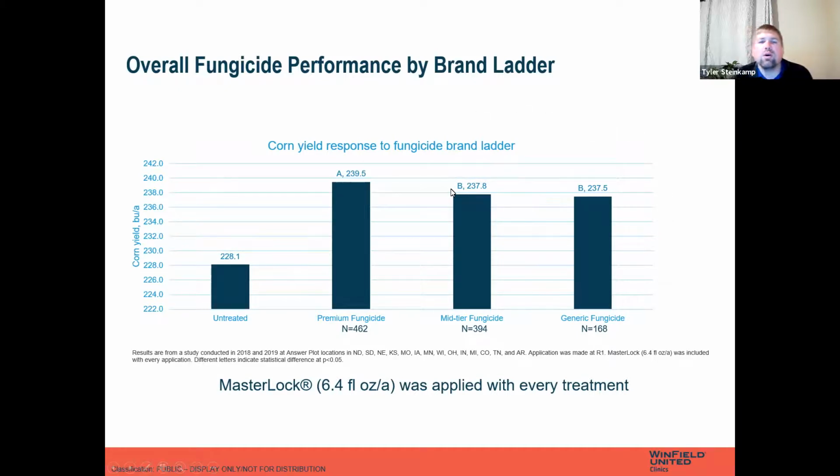But one thing you also have to consider is these premium fungicides do tend to hang on a little bit longer. And so one of the things that I'm really interested to see this year in some of the fungicide data, when that starts coming in, is how much it had an effect, because in 2021, what we saw was anything that could hold on just a little bit later in the season.